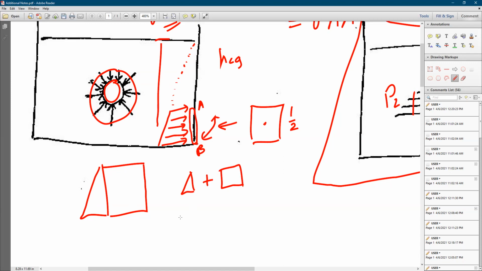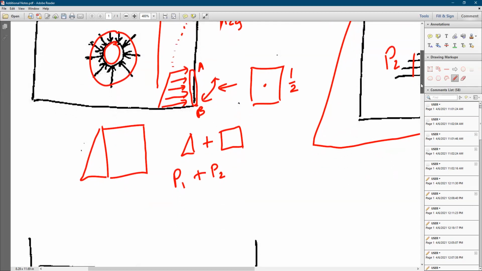So what you can do is that the pressure P is P triangle plus P rectangle. Because I zoomed it, I make it P1 plus P2, because it's hard for me to draw it nicely.